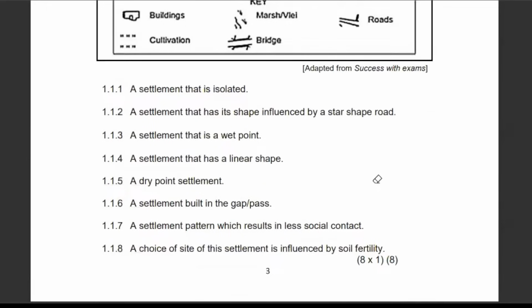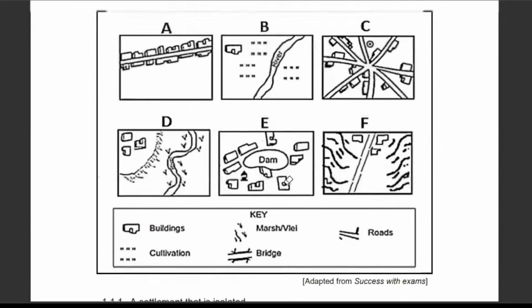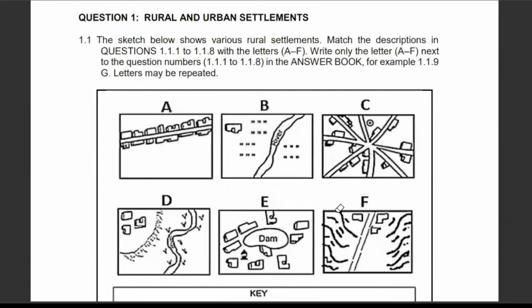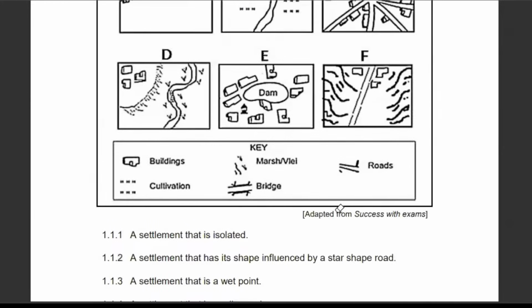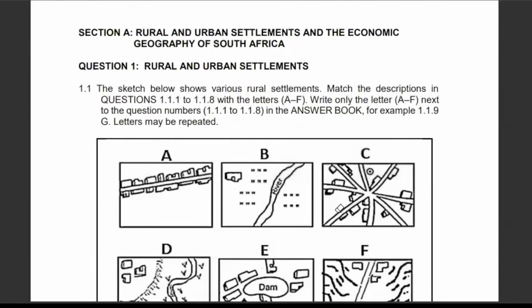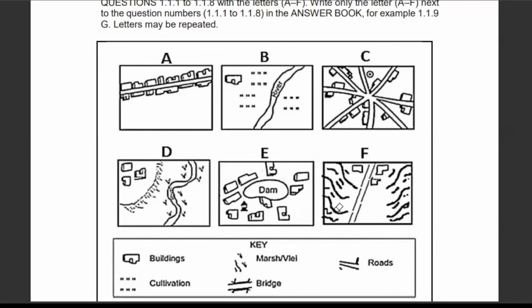Our first question is saying a settlement that is isolated. An isolated settlement, if we check here, we see that when we have a situation of isolation, our buildings must be further away from others. They must be far away from others.